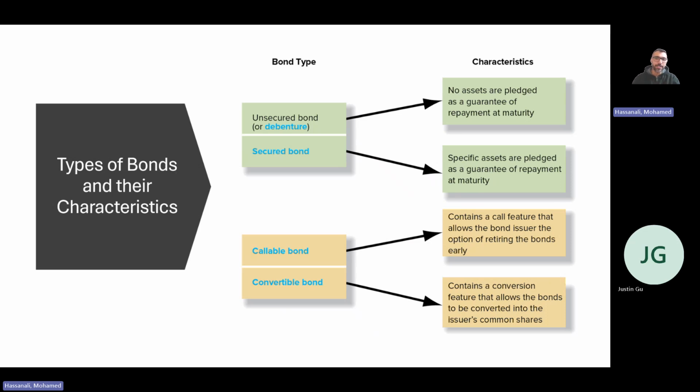Different reasons for doing different types of bonds. The one we're going to focus mainly on is likely going to be a secured or an unsecured bond. But the characteristics of the bond depend on the type of business you have, what investors are looking for, and what you as a business are able to offer them.